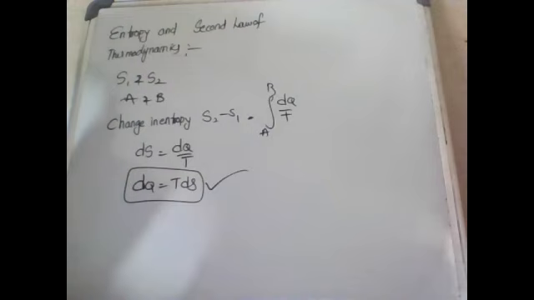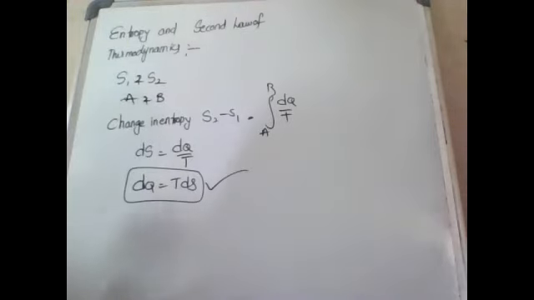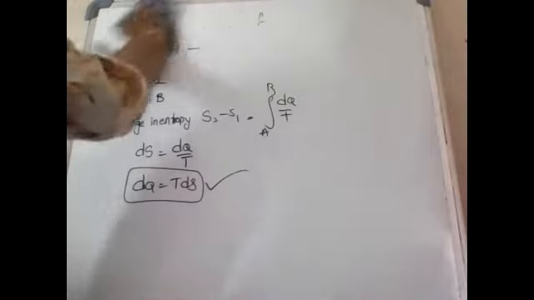So thus, the entropy of a system is a measure of the degree of disorder prevailing among its molecules. So entropy depends on the disorderliness of that substance.